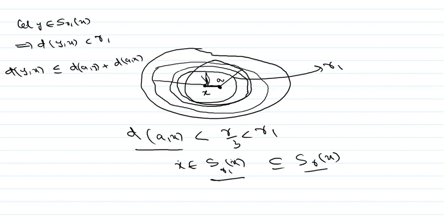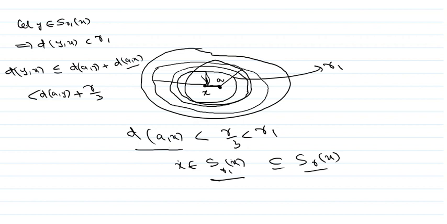So obviously the distance between a and x, it's here it's less than r by 3. So this is less than the distance between a and y plus r by 3. I want it to be less than r actually. So what's the distance between a and y? That is important.